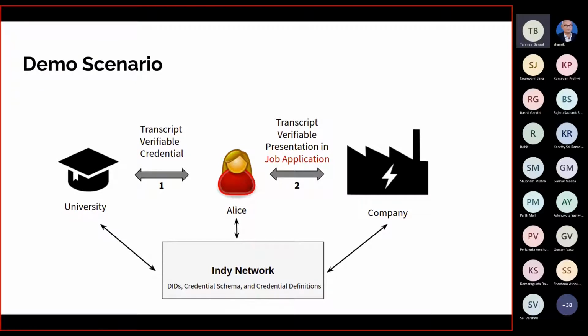So there are two steps: obtaining the transcript credentials. Alice will request the university to provide her a transcript, and the university will generate a transcript credential and transfer it to Alice. That is the first step.